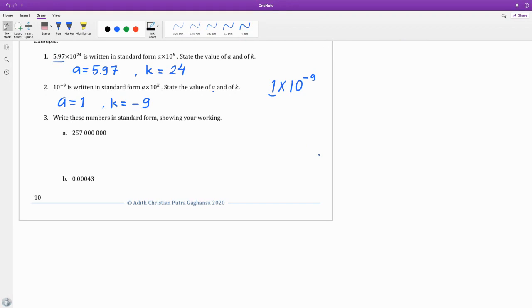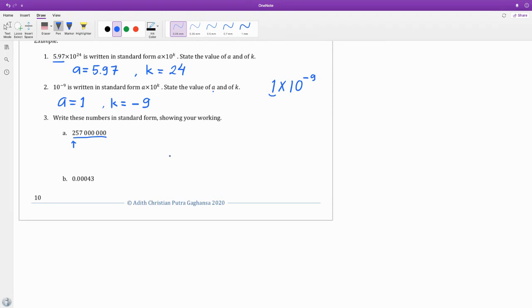We have 257 million. Wow, that's a lot of zeros. Here's what we need to do. First, we need to find the first significant figure. In this case, the first significant figure is 2.